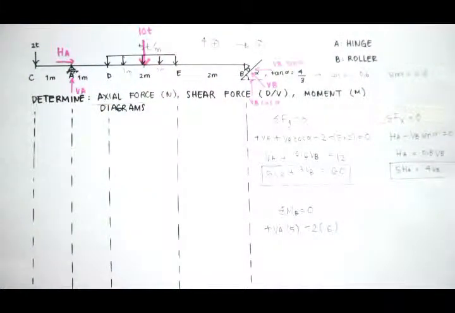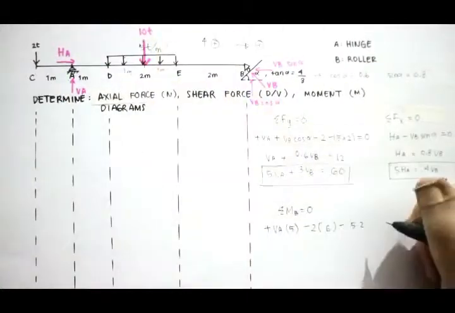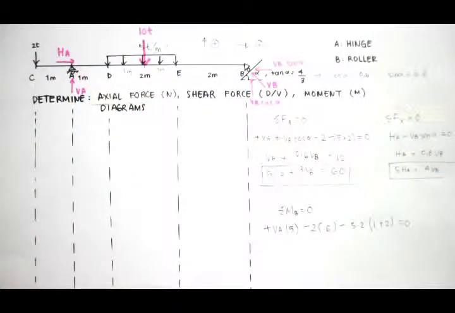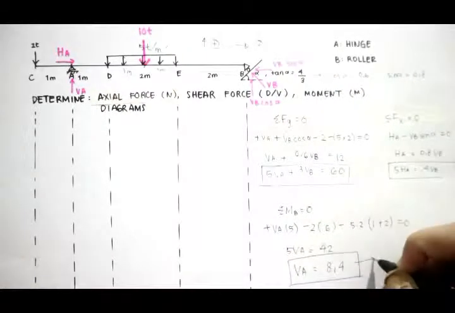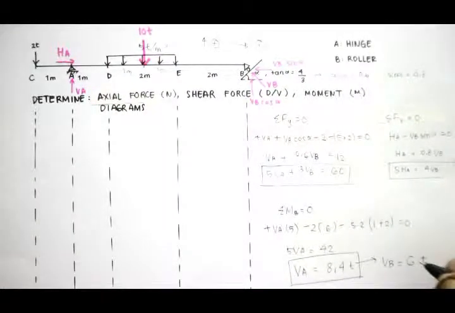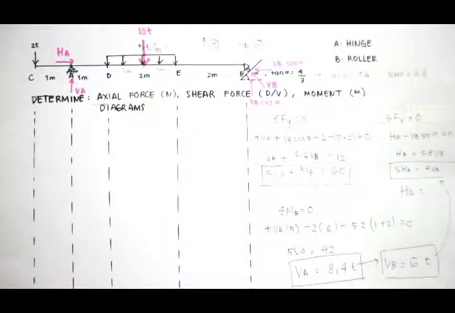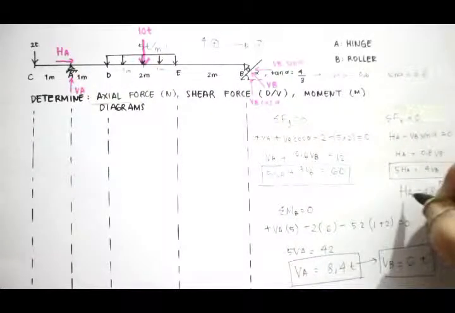So I'll have minus 5 times 2, which makes 10, times the distance, which is 1 plus 2, equals 0. VA is 8.4. And then I get VB equals 6 tons, which lets us find that HA equals 4.8 tons.